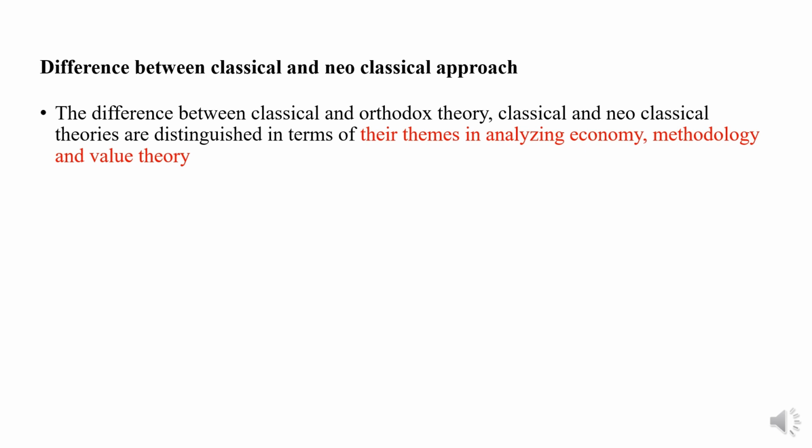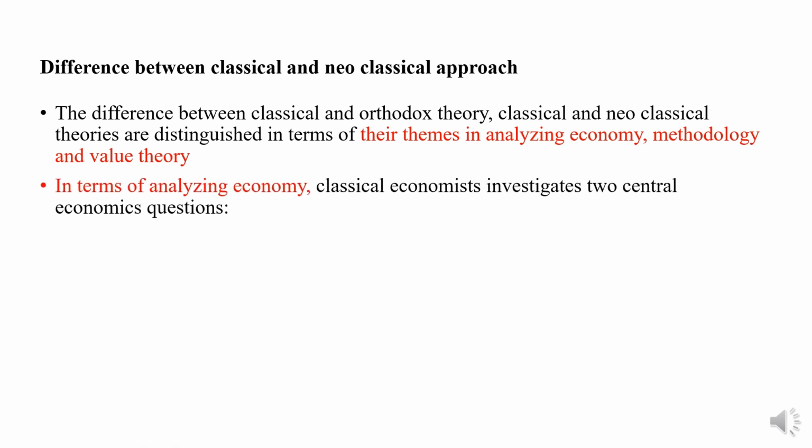Classical and neoclassical theories are distinguished in terms of their themes in analyzing the economy, methodology, and value theory. In terms of analyzing the economy, the first stage is that the classical economists investigate two central economic questions. Number one, what causes an economy to grow?